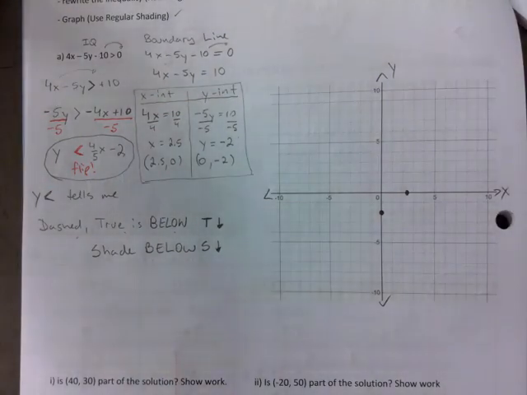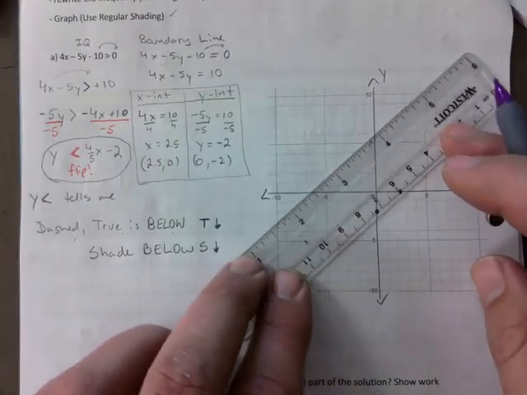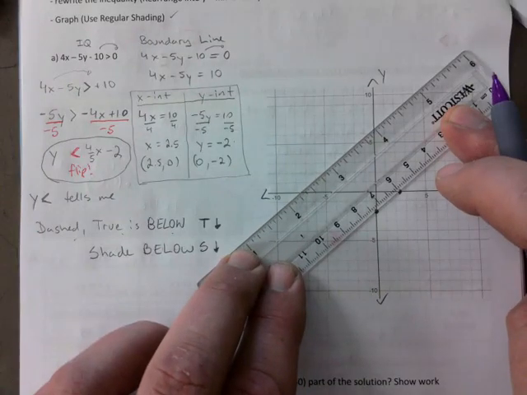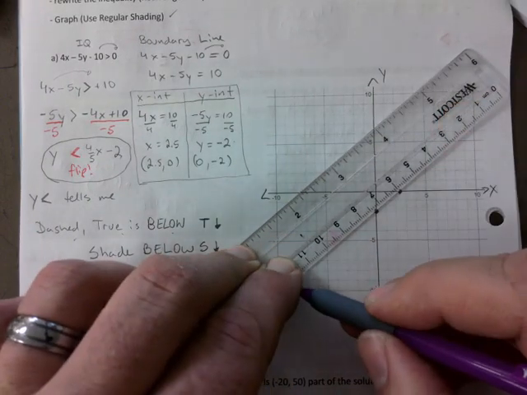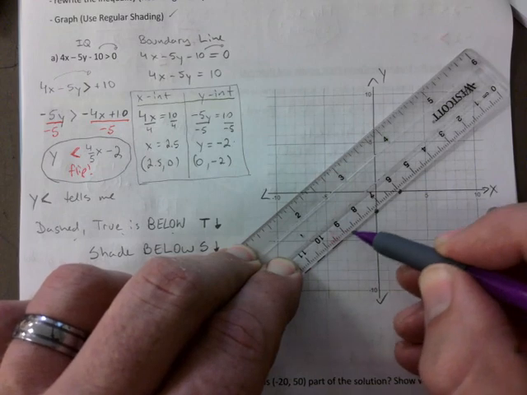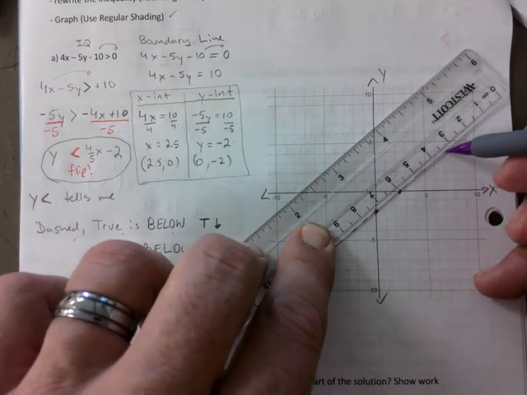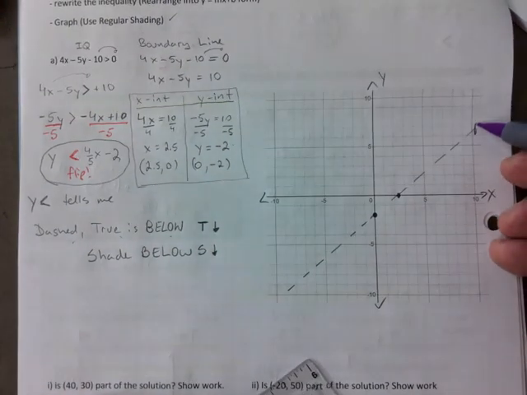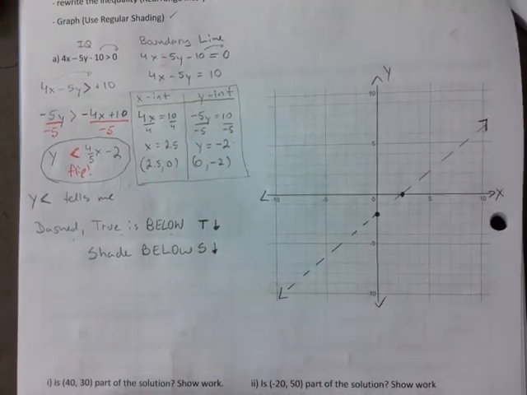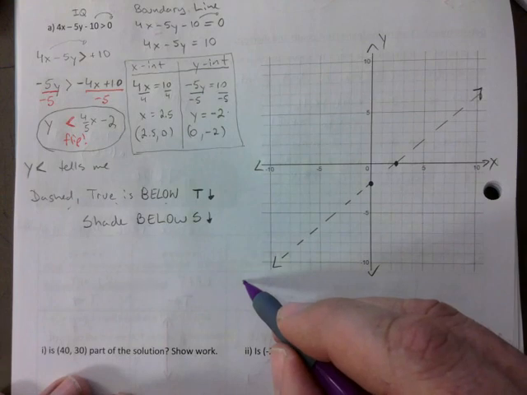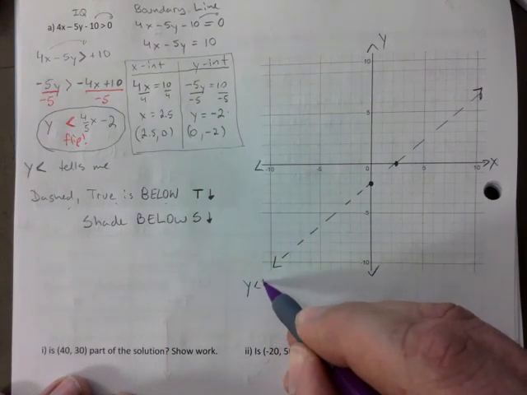Let's go ahead and grab our ruler. And this is going to be dashed. I've already determined that. Go right across. So this is what we call the boundary line. And I label it like this.